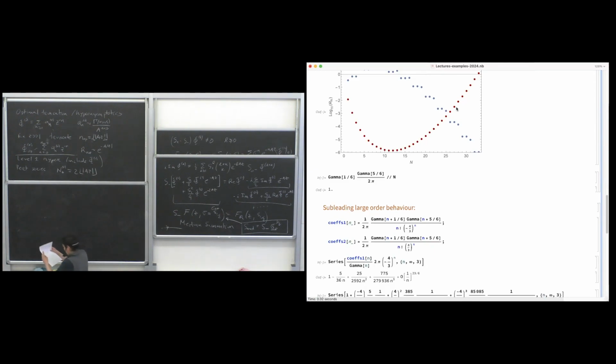And in order to compensate for that, you include the second sector, the exponential sector, in what is called a hyperterminant.